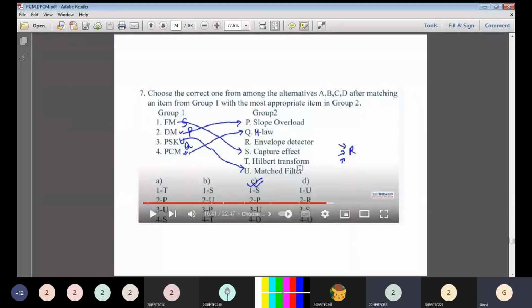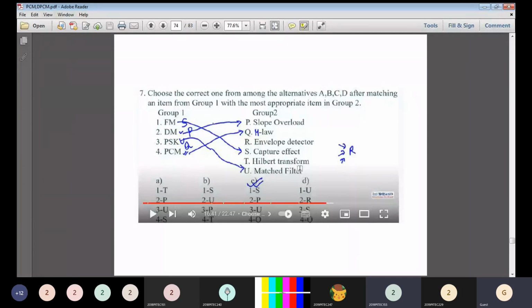Okay, the fourth one, that is pulse code modulation. Here we'll have the compression technique, right? So that is Mu-law compression technique. Look at the options A, B, C, D. The correct answer is the third one.